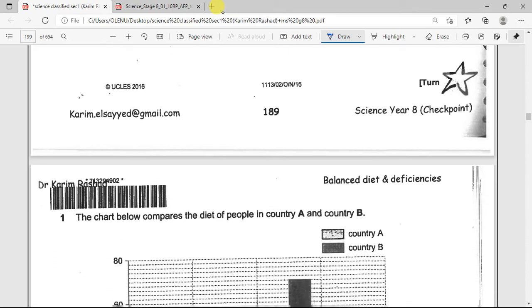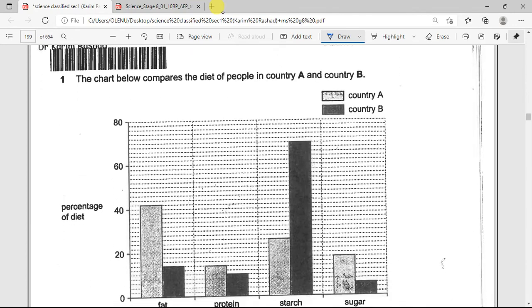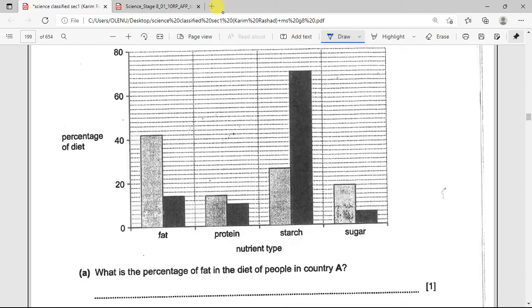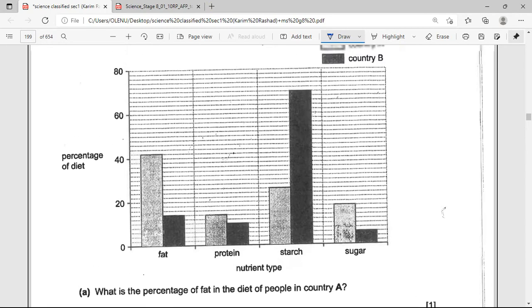Next, the chart below compares the diet of people in country A and country B. We look at the type of diet. Country A is the one with the black.